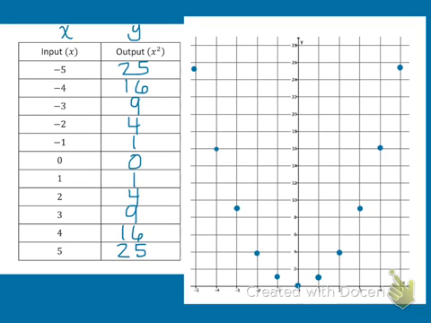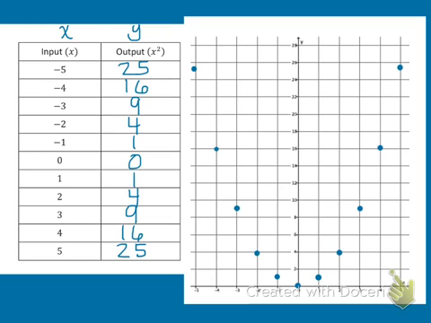Sometimes people view this as two lines, you know, like try to draw a straight line here or make this like a V shape, but it really is a curve. It really comes right through here and curves right back up. And we can see, let me get a different color.